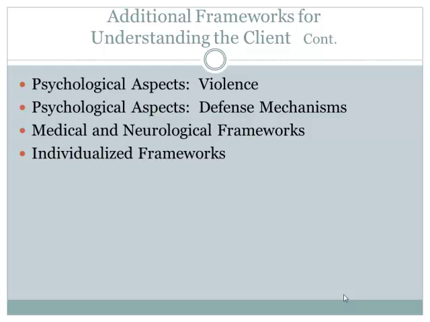They have problems with paranoid thinking, as well as other associated violent behaviors that coincide with such. So violence, understanding the history of violence, understanding the client from that framework is also very important.